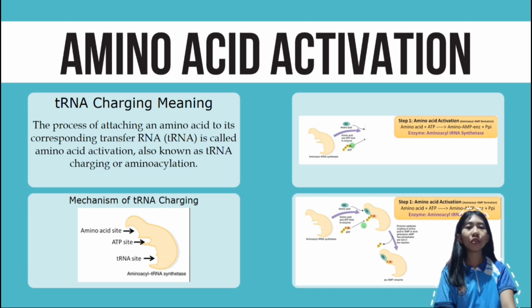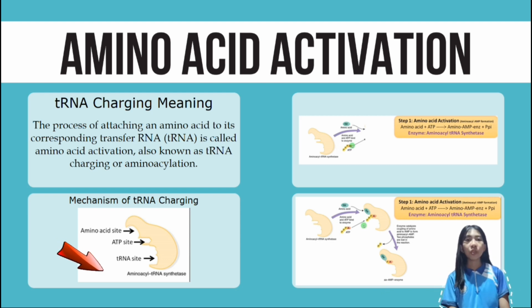It has an amino acid binding site. It also has an adenosine triphosphate binding site and a transfer RNA binding site. In this process, we use an enzyme to catalyze, aminoacyl tRNA synthetase. So let's now proceed to the major steps.